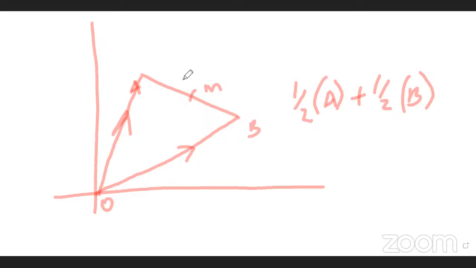Now, if we have the vector AB, then we are told to look for its midpoint, that is the center. Call it M. Or we can say maybe M divides AB in the ratio 1:1.